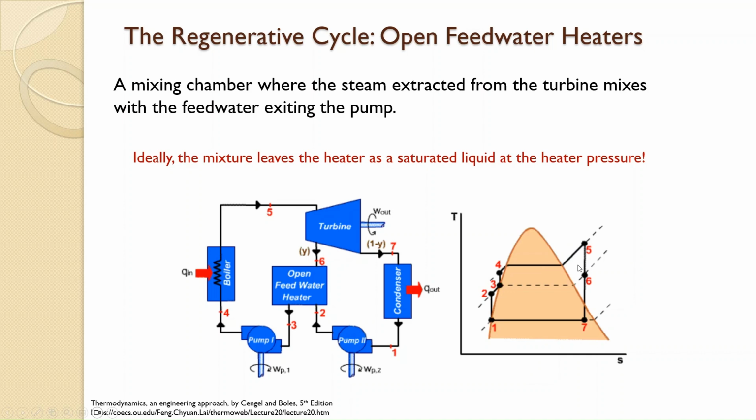Ideally, the mixture leaves the open feedwater heater as a saturated liquid at the heater pressure or extraction pressure, which means that point 3 is on this curve between the compressed liquid area and the saturated mixture area.